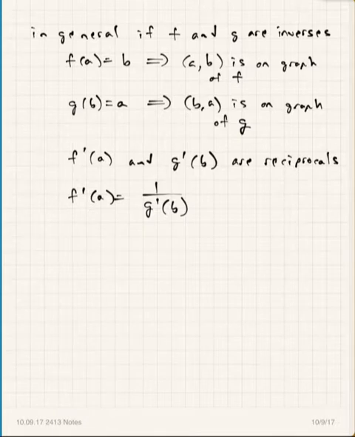If you look in the textbook, the author has it written basically the same way, but kind of like this: if g of x is the inverse of f, then g prime of x is equal to 1 over f prime of g of x.